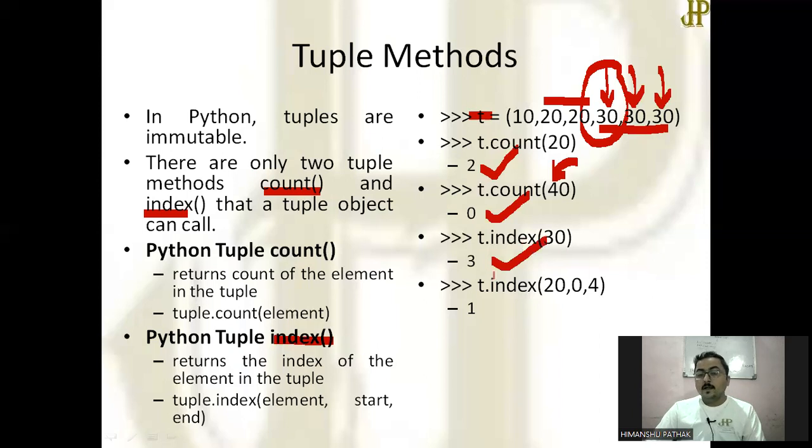Okay. And for index, there are 3 arguments that you can supply, but start and end are optional. So here I have taken T dot index 20 to be discovered, and it searches from 0 to 4 minus 1. So it will return 1 because in 1st position 20 is encountered.